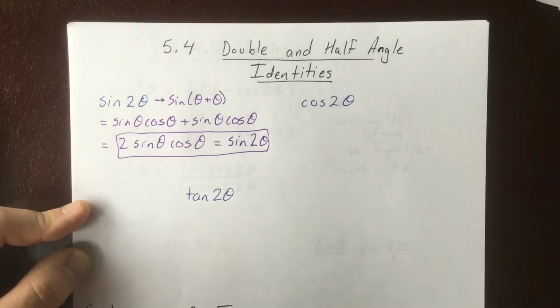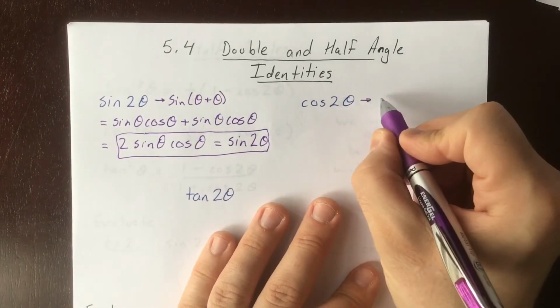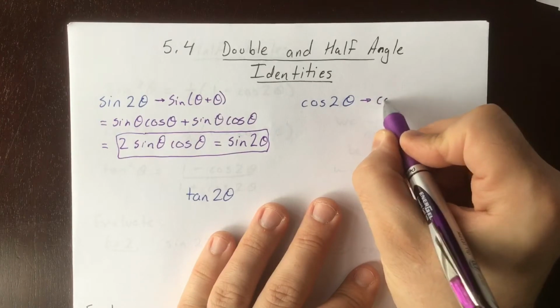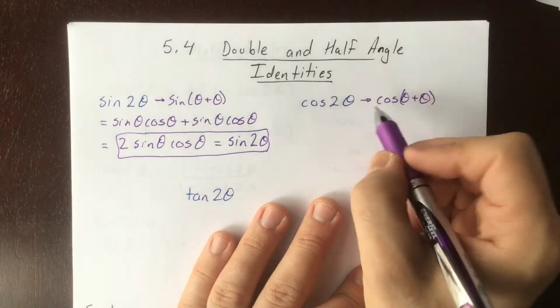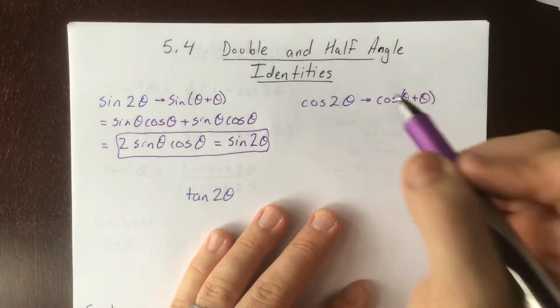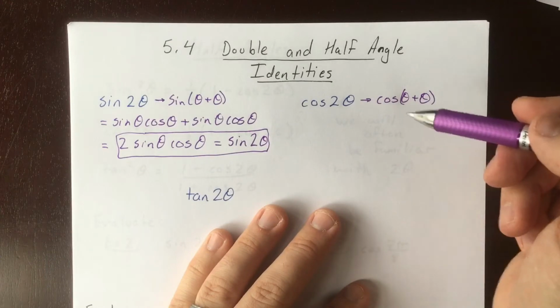Okay, let's see what we can do with the cosine. Similar approach. We're going to say cosine 2 theta is cosine of theta plus theta. The cosine identity was cosine, the opposite sign of minus, sine.